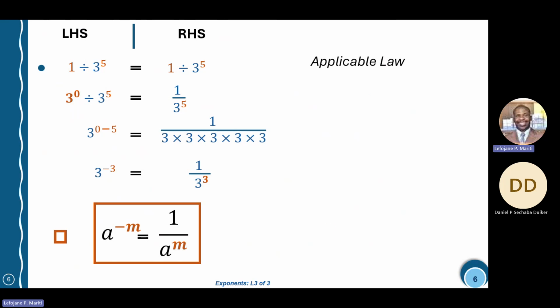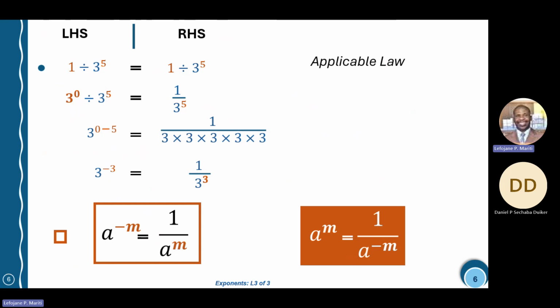Maybe a challenge or brain teaser for you would be, what happens if you have a power with a positive exponent? How then will you change that to be negative? You just twist the places here. If it's a to the power m, then it will be 1 over a to the power negative m. I think it's straightforward. I know many of you got it right. You can give yourself a pat on the back.